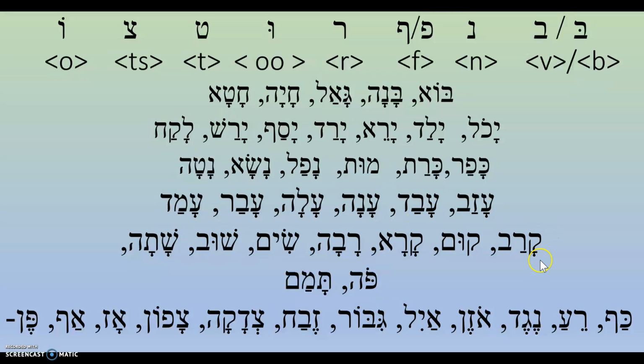Next line, karav. Karav means to approach, to draw near, to come near. Kum. Kum, as we said, each time when we see this kind of letter vav with a dot in the middle, this is going for us. It means it's an u.